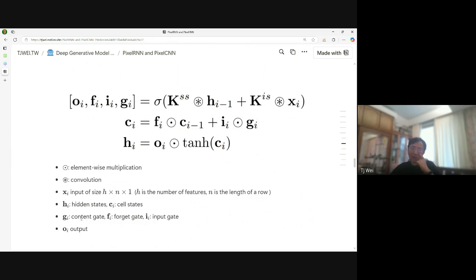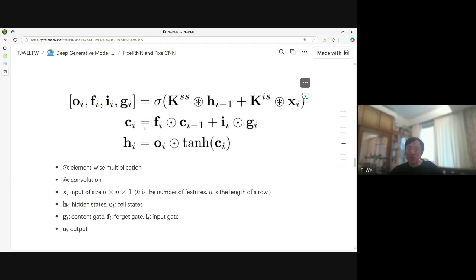The context gate and the input gate are okay. It is exactly the formula that we talked about for the LSTM.